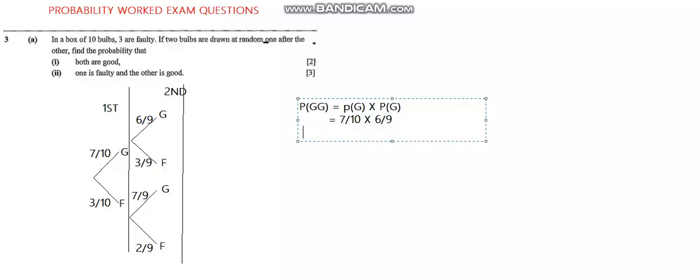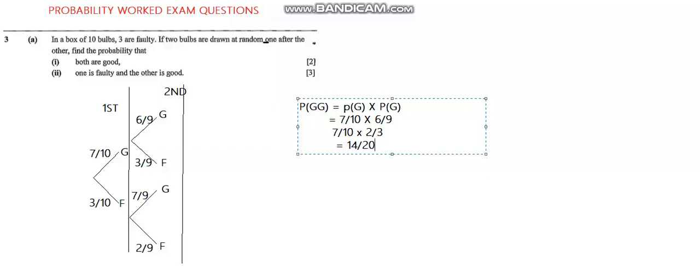So we have to reduce this. Remember, 7/10 times 6/9, and 6/9 is the same as 2/3. Now the final probability is equal to 7 times 2, which is 14, divided by 10 times 3, which is 30.